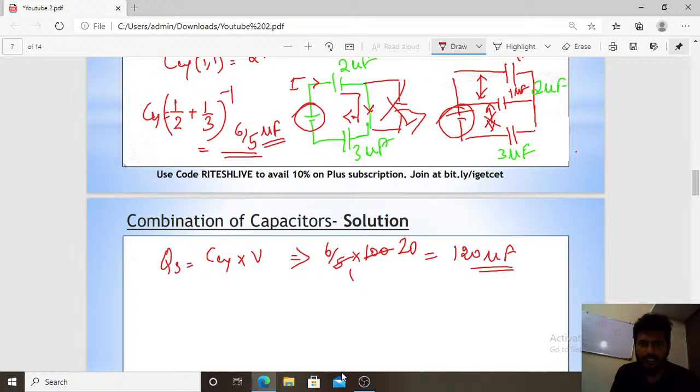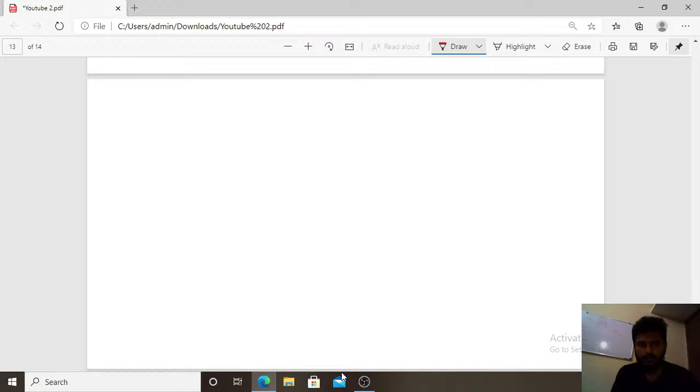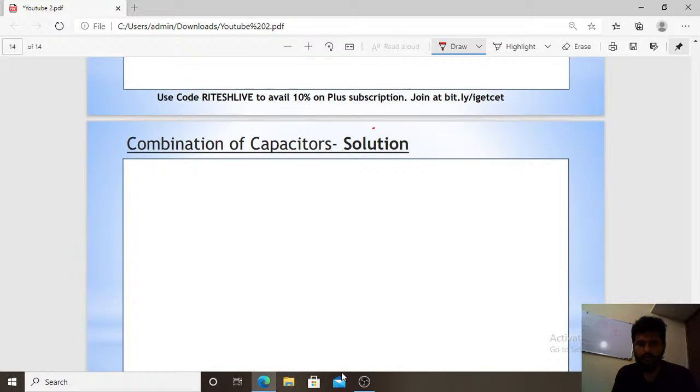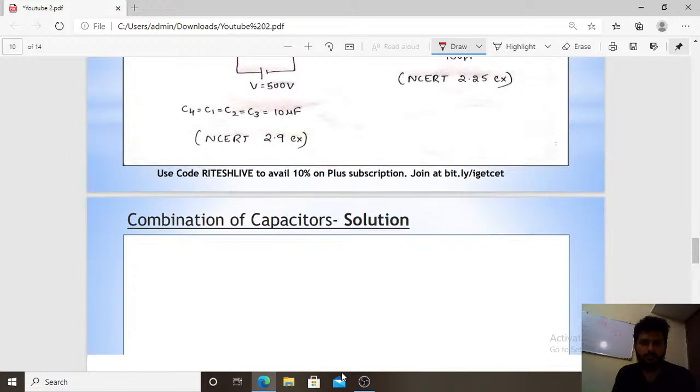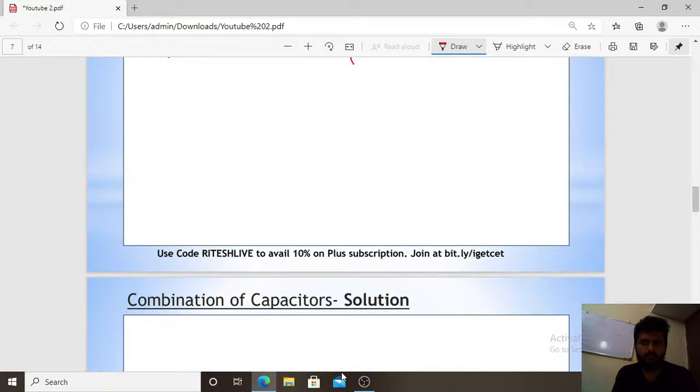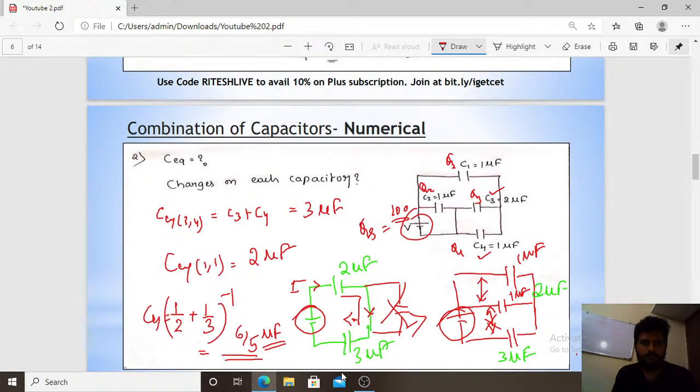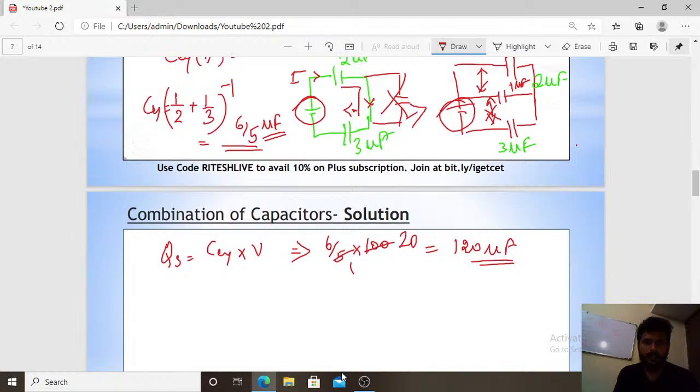So in this diagram, here the Q value will be 120 microfarad. Sorry, microcoulombs. So this is in terms of coulombs, why?